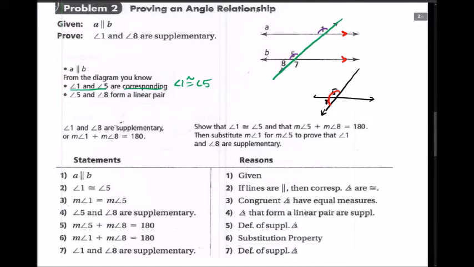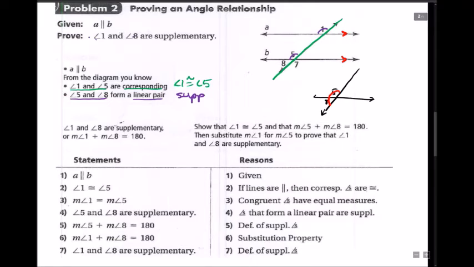We have a linear pair there. So 5 and 8 form a linear pair, and what is that going to mean to us? That's going to mean that they're supplementary. And we're starting to see, hopefully you can see here, how we're going to get 1 and 8 are supplementary.